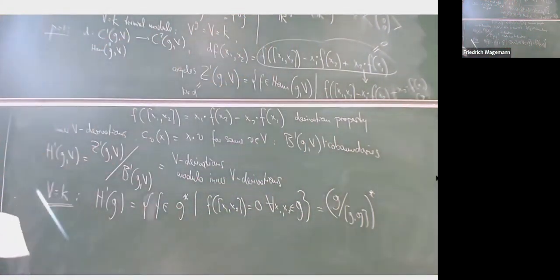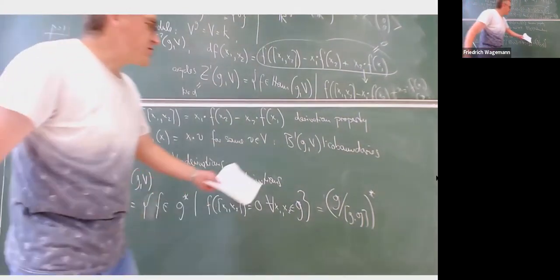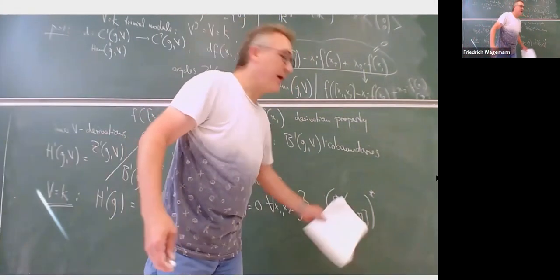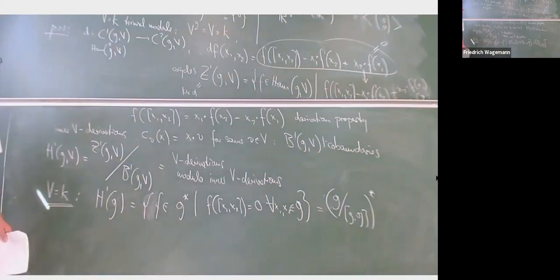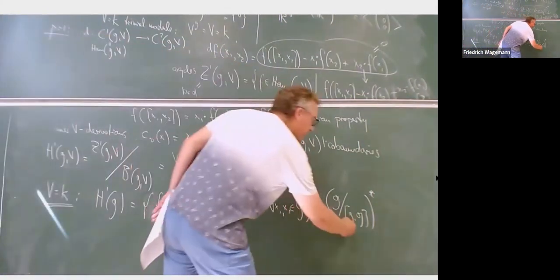And so this measures how much G is far from its commutator subalgebra [G,G].